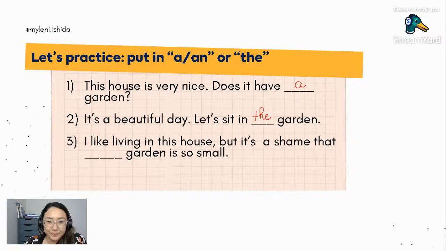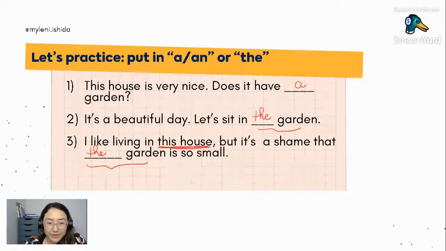Okay? I like living in this house, but it's a shame that the garden is so small. Which garden? It's specific, right? Remember, when I use the, it's something that is specific. Which garden am I talking about in number 3? The garden of this house.